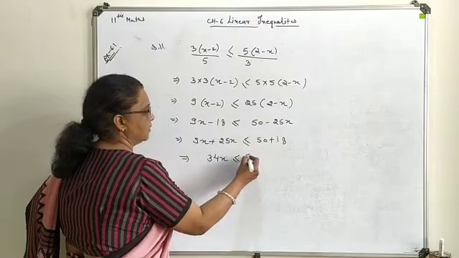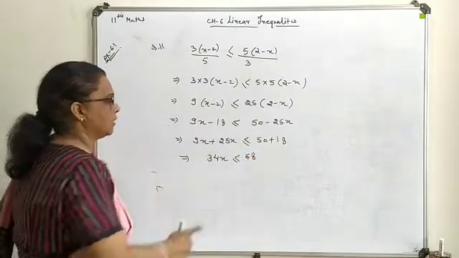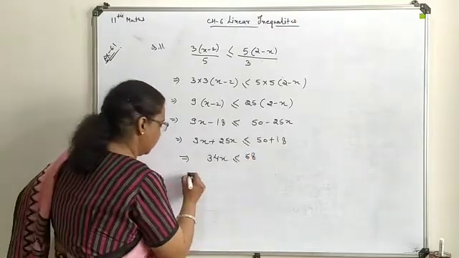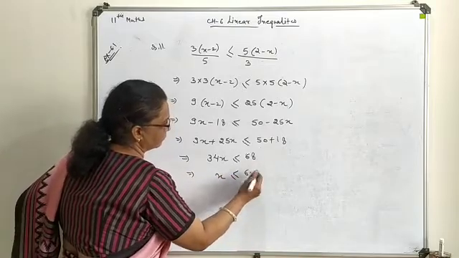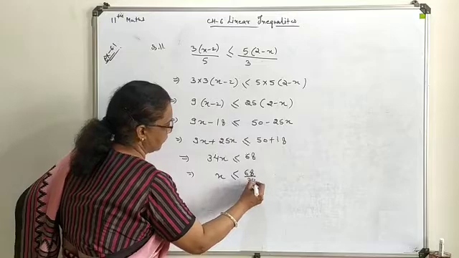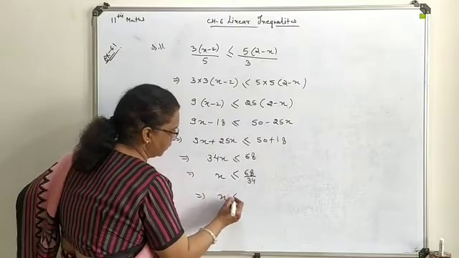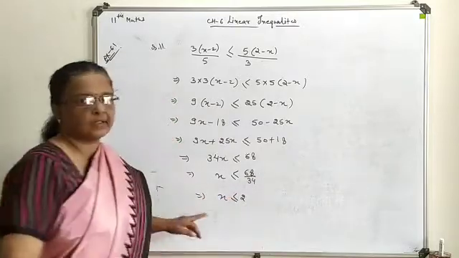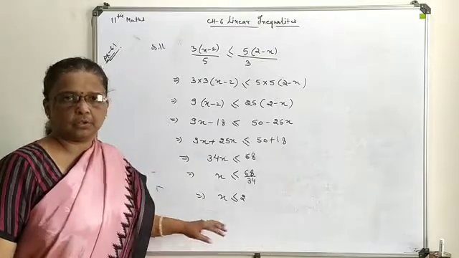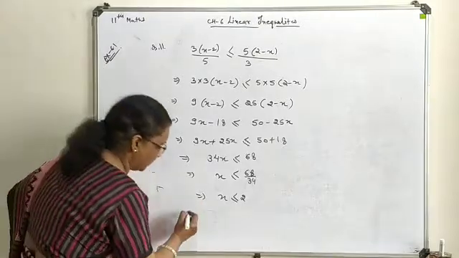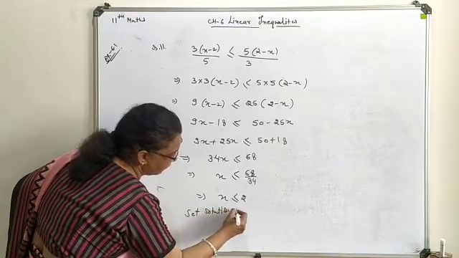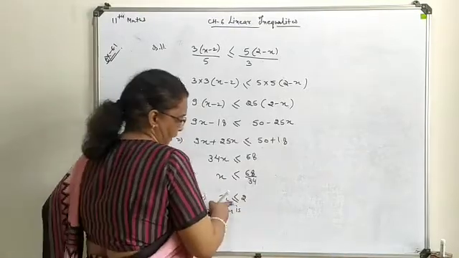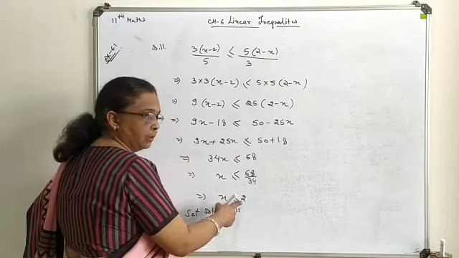This is 68. You can see this is 34 into 2. So divide both sides by 34. So x will come out as less than or equal to 2. So its solution set you can write as less than or equal to 2.